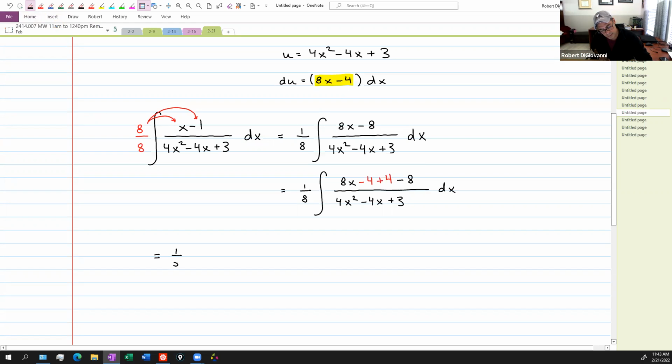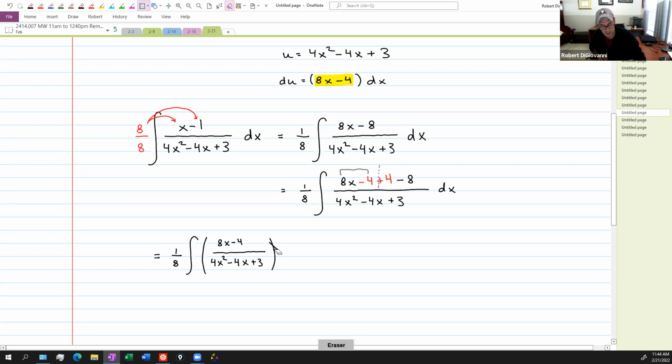Now, 1/8 integral. Now, what I'm going to do is split this integral into 2 pieces. I'm going to take these 2 and put them over this denominator, and then split it and put these 2 over this denominator. So split the fraction into 2 fractions. It becomes the 8x minus 4 over the 4x squared minus 4x plus 3.